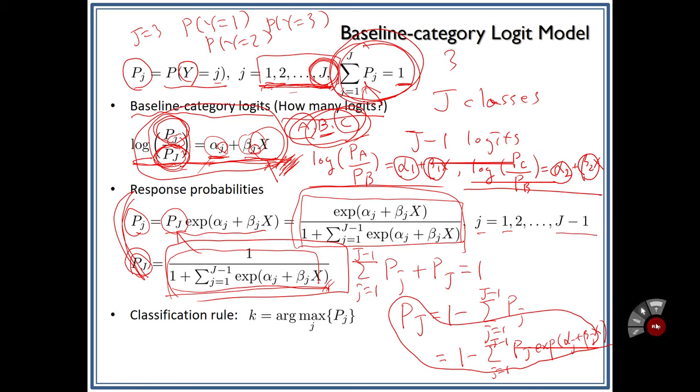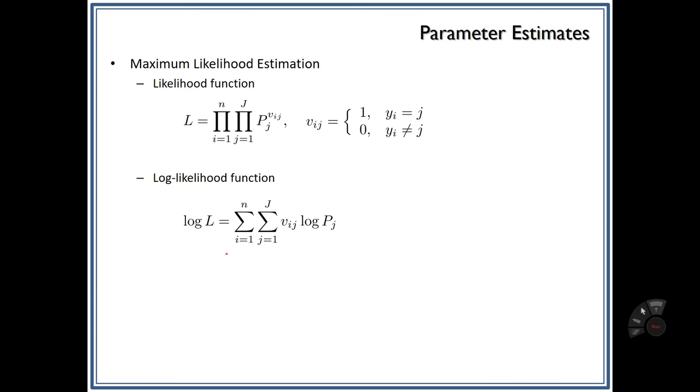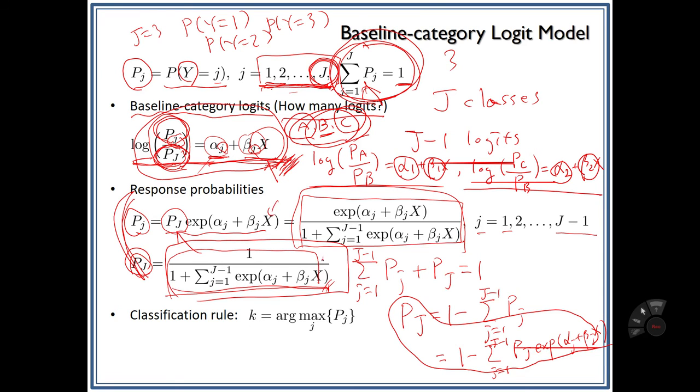Okay? Once we find those regression coefficients, we can compute response probabilities by plugging in a new x value here. We can find P1, P2, P3, and then the classification rule is by looking at those probabilities. In this case the number of classes is 3.